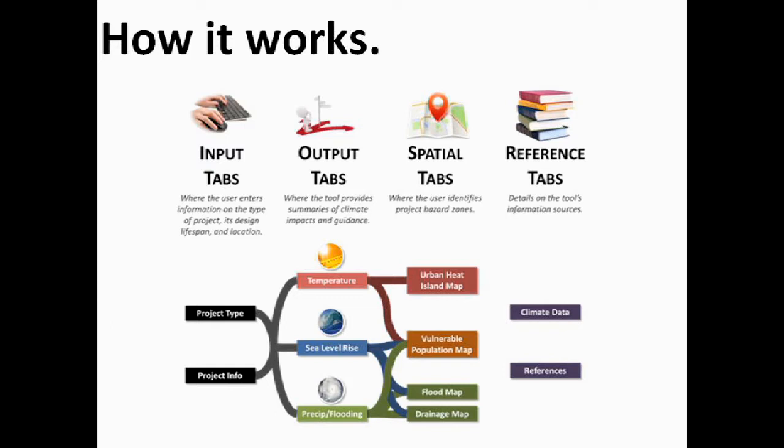So input tabs, output tabs, like I mentioned, temperature, sea level rise, precipitation, spatial tabs in this case that had those GIS layers that the users can consult to identify the hazard zones that their project's located within, and then some reference tabs that identify what sources of information were used to inform the tool's outputs. And then we also include some additional information on climate data if people are more interested in those underlying assumptions or in scenarios that maybe weren't included in the tool's outputs.